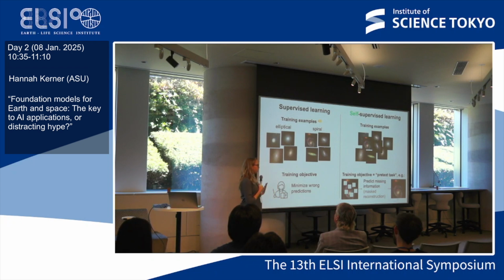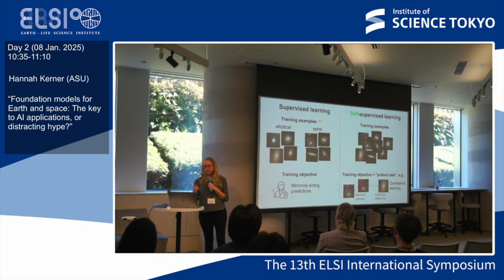That is a very common pretext task where we would take one of these images and randomly cover up pieces of it, like you saw in our Blinky slide, and try to predict what the missing content was.